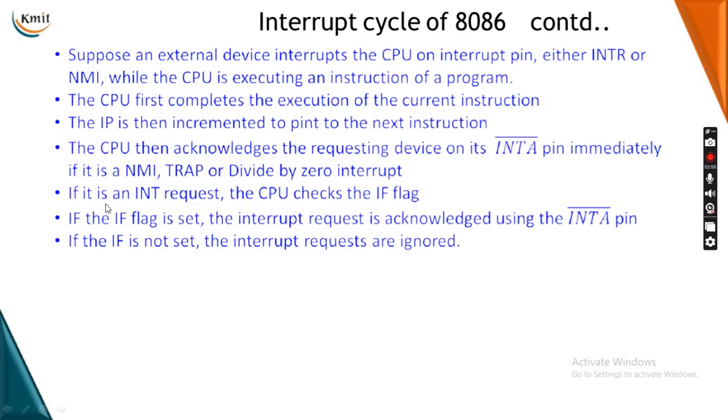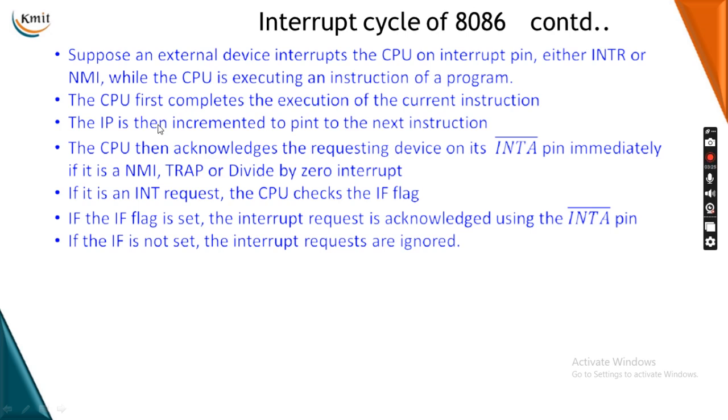Suppose an external interrupt has occurred on the interrupt request pin or NMI while the CPU is executing some instruction. The first step is to complete the execution of the current instruction. The IP is then incremented to point to the next instruction.